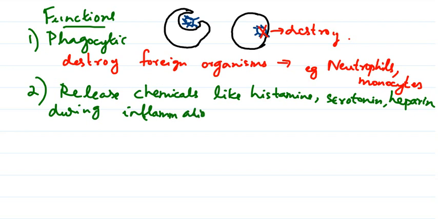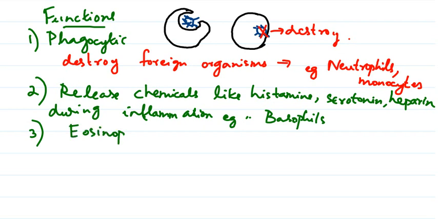Examples of such WBCs are basophils. So basophils will release chemicals like histamine, serotonin, heparin during any inflammatory reactions in order to destroy the germs. The WBC called eosinophil is produced during allergic reactions.